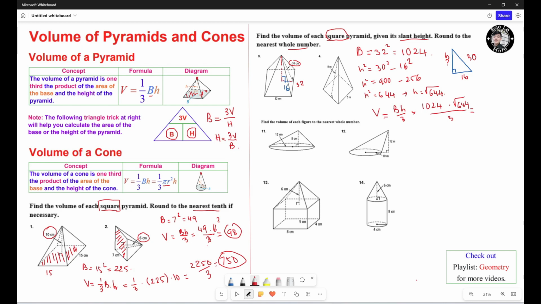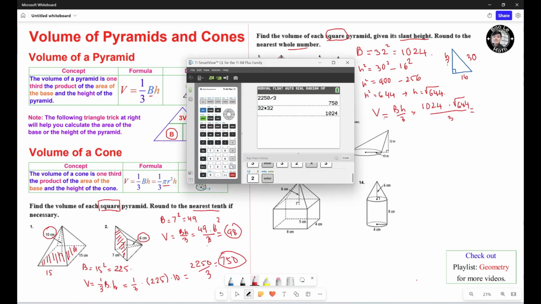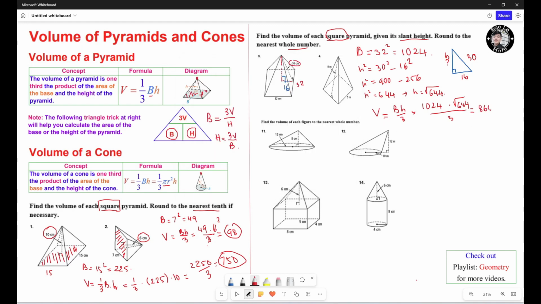So it's going to be 1024 times the square root of 644 divided by 3. So it could be 8,662. This is the answer. Alright, this one is similar. I leave it for you. Now number 11.